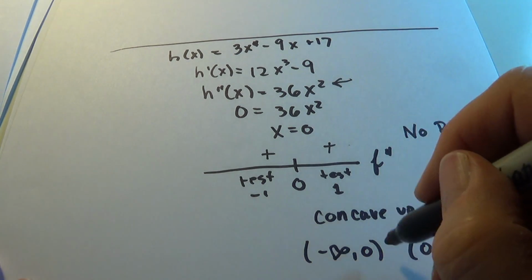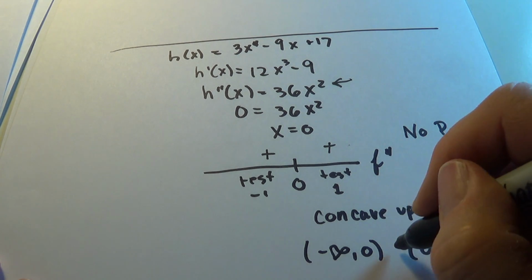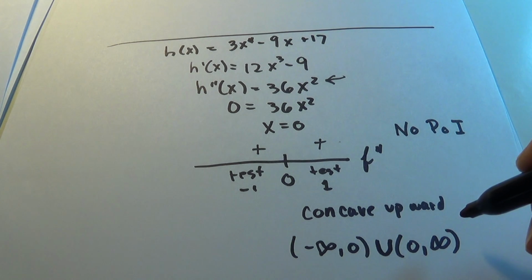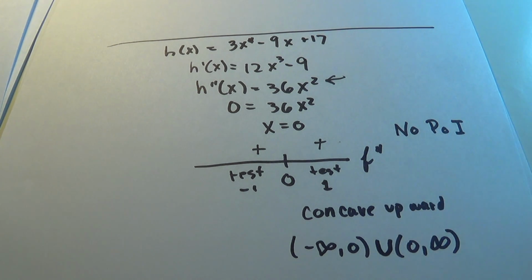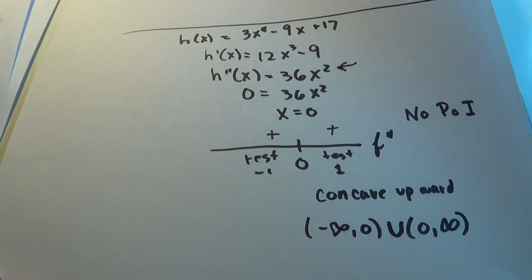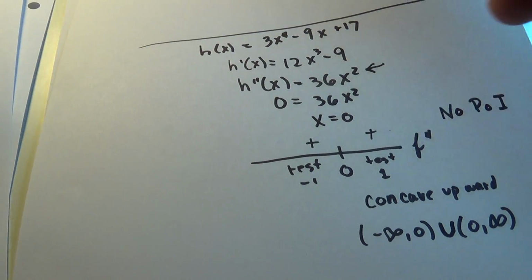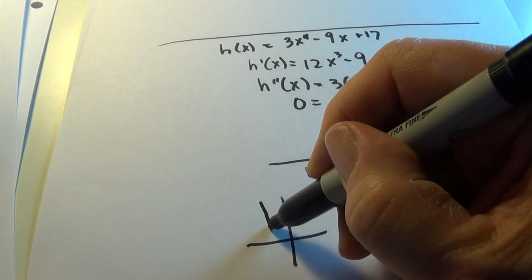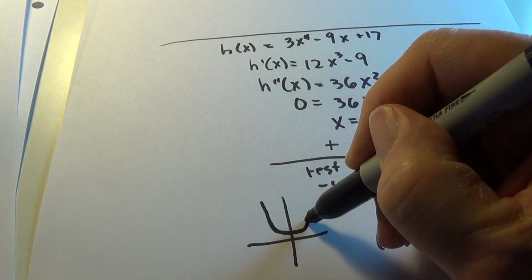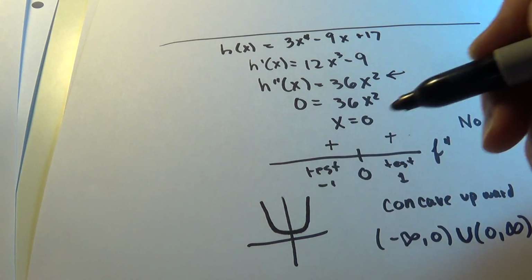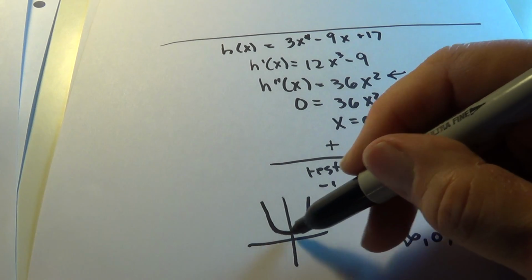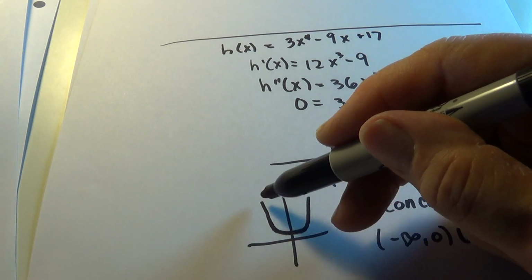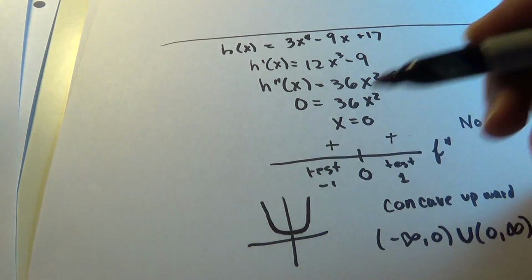So I usually tie these two expressions together with this symbol. So that means this or this. But I cannot include 0. And usually x to the fourth has some sort of shape that looks like this, sort of flattened out here. So you're going to get a second derivative that's 0, but the concavity is going to be positive on both sides.